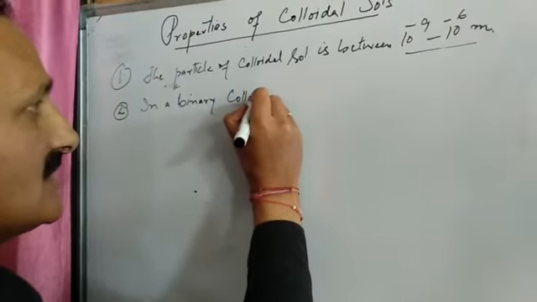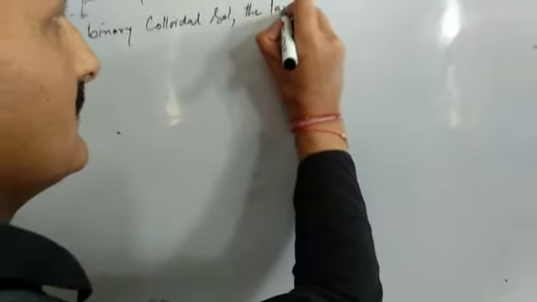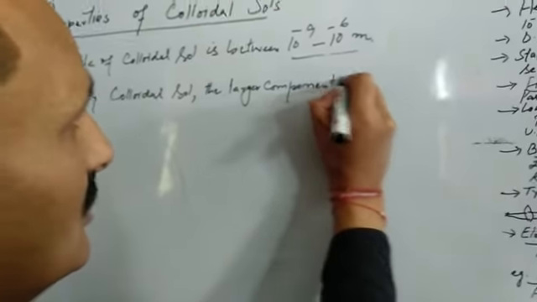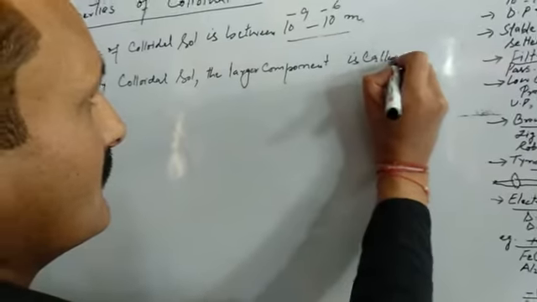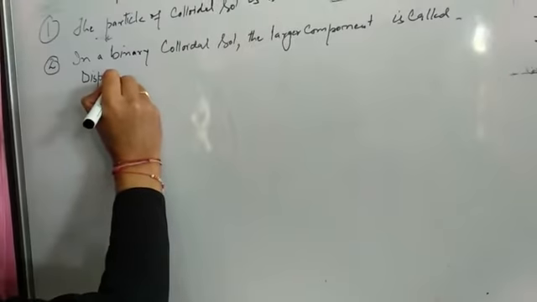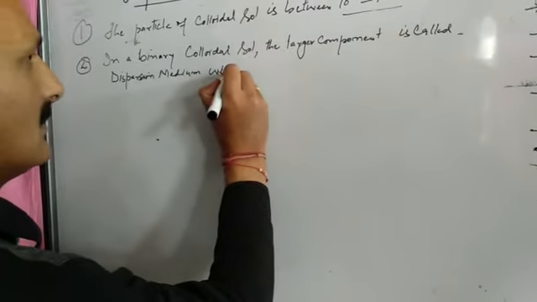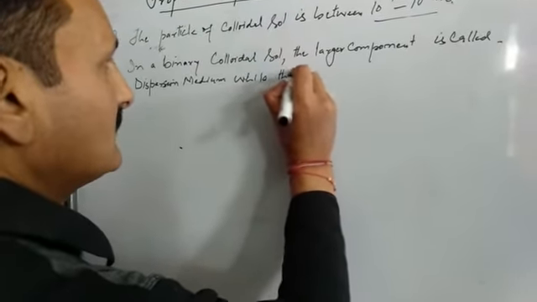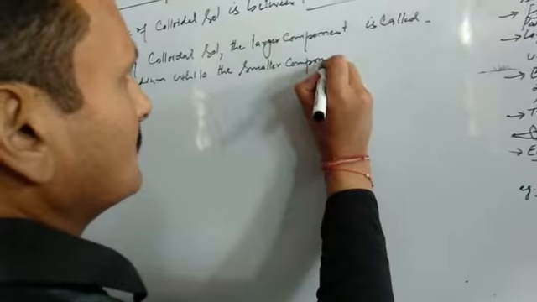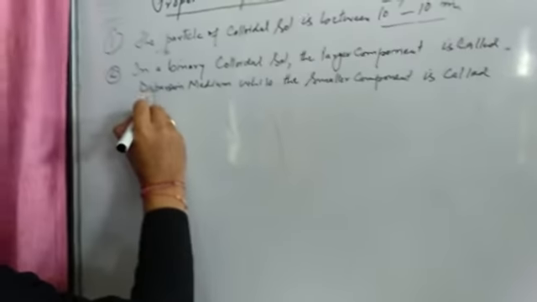In a binary colloidal solution, the larger component is called dispersion medium, while the smaller component is called dispersed phase.